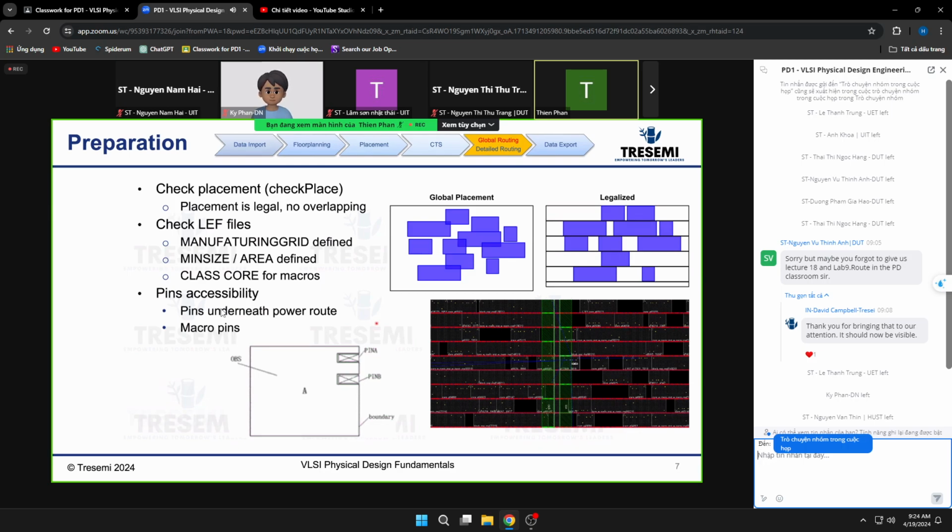And then sometimes, on the picture right here, remember that before the placement step, we create the power grid.